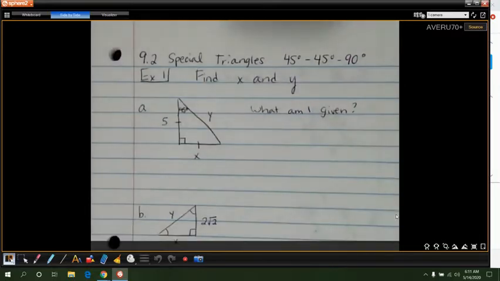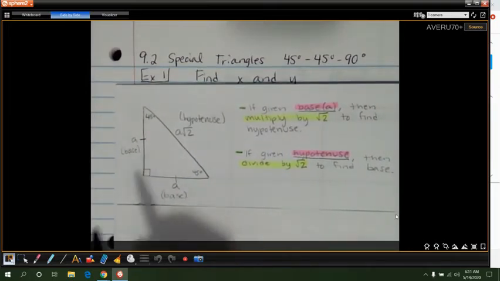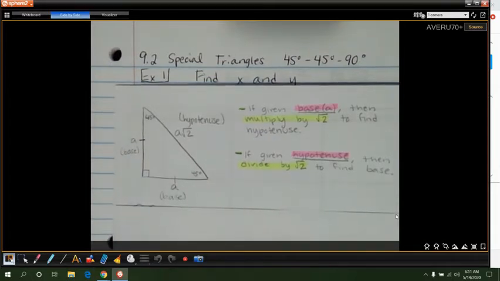If I notice here, I am given a base. Going back to this picture, my base here is the same as my base here. So if I know this value here, I automatically know this value here.